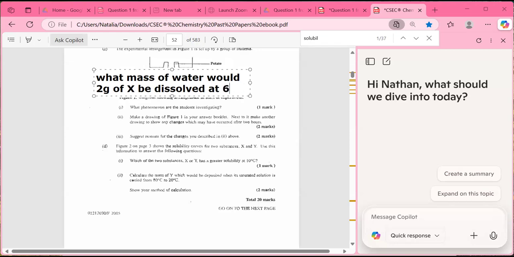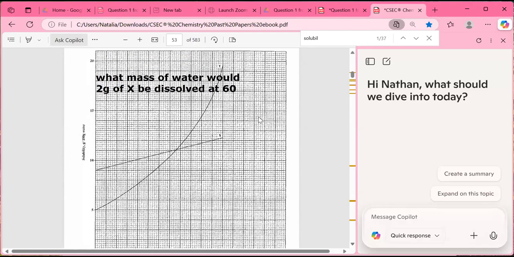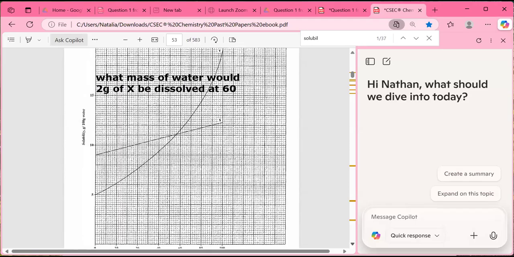So that's the question. We find X on this graph, find 60, and read off.